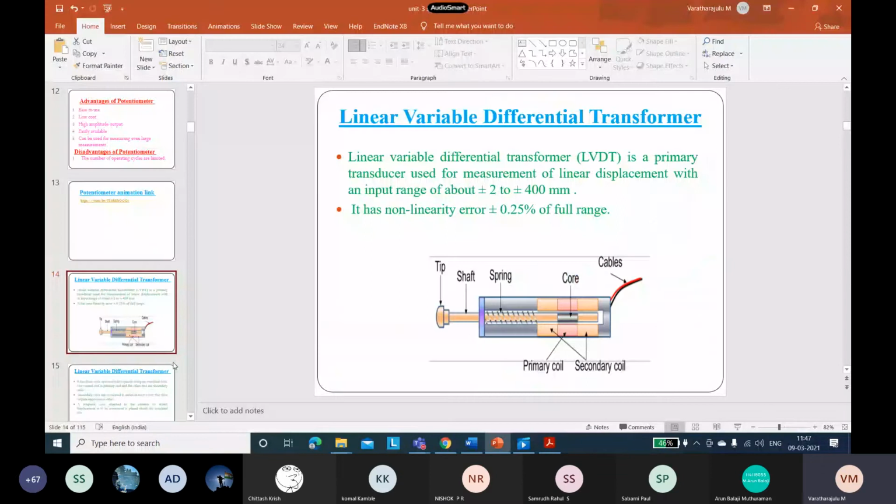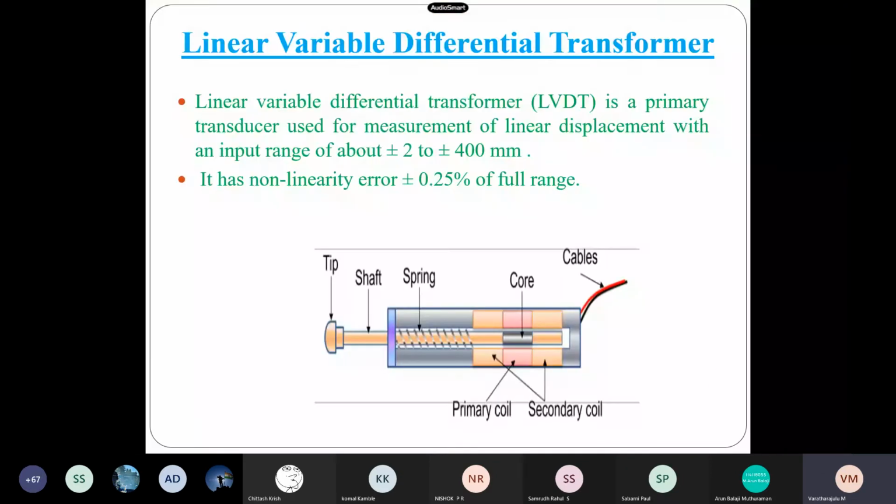Okay, anyway, we'll discuss the LVDT. As I said last time, the LVDT is a linear variable differential transformer or transducer, which is used to measure linear displacement with an input range of about 2 to 400 mm.